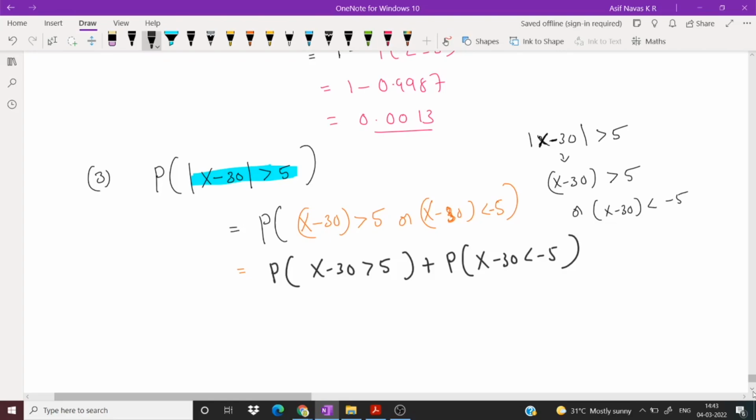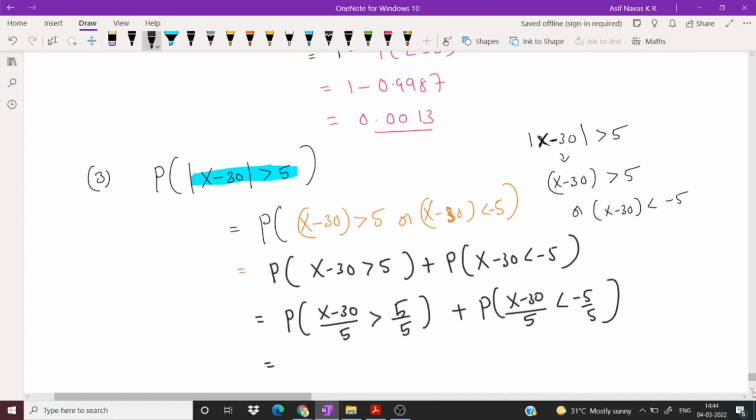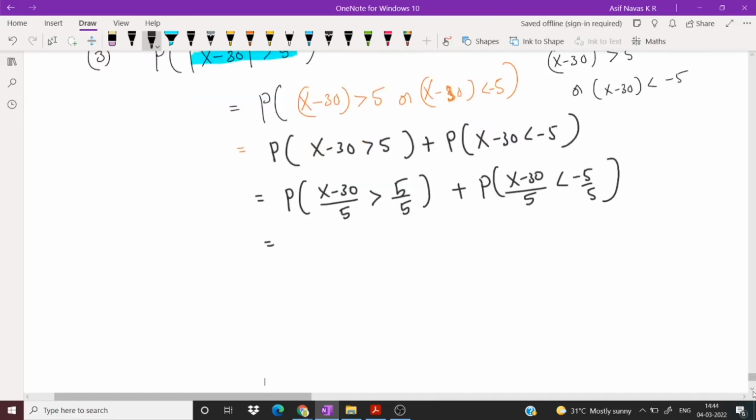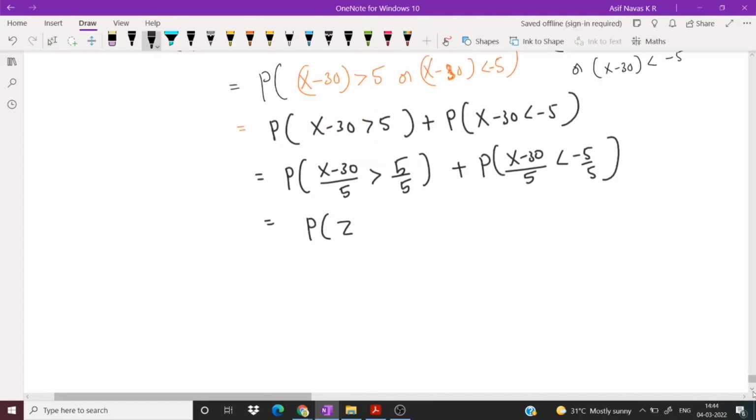Anybody have any question? Now we will convert it into standard normal. I am dividing by 5: P of x minus 30 divided by 5 greater than 5 by 5, plus P of x minus 30 divided by 5 less than minus 5 by 5. So this is equal to P of z greater than 1 plus P of z less than minus 1.